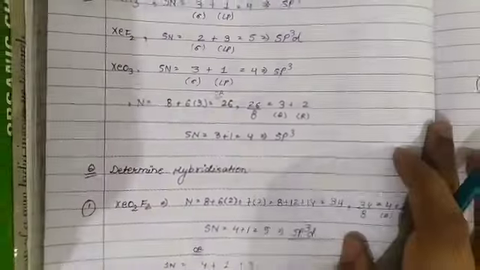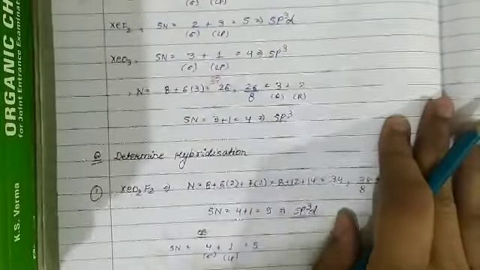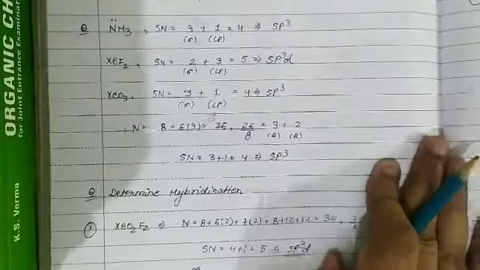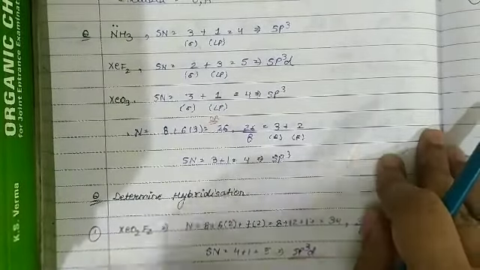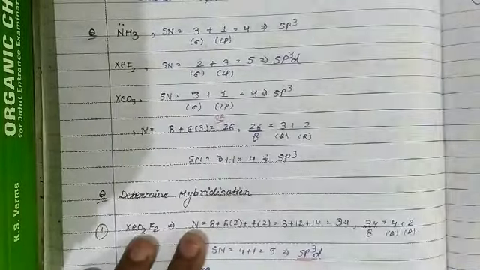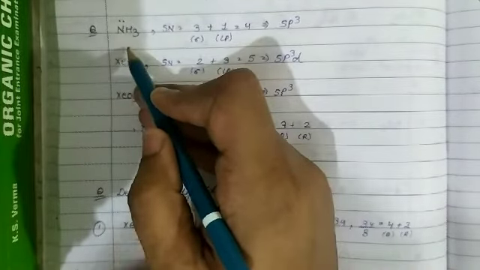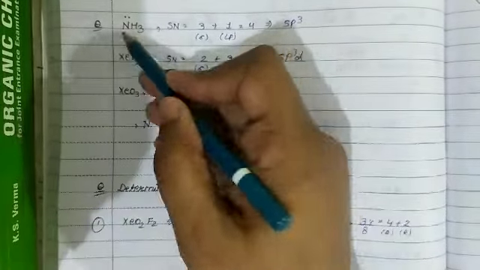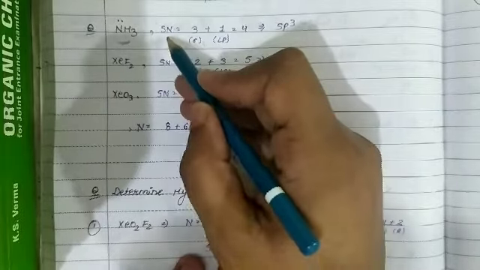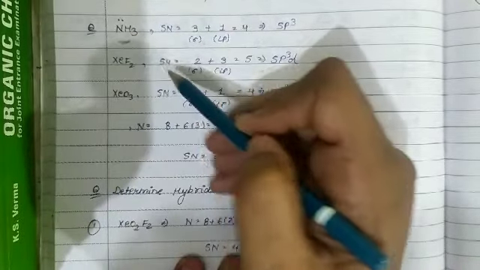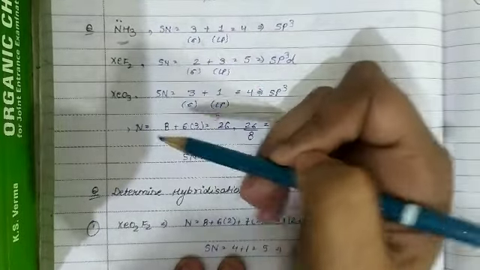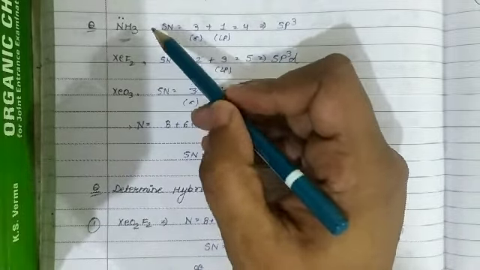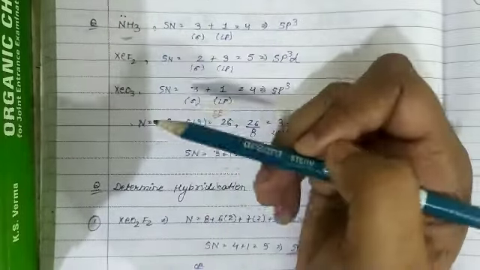Now we will calculate the hybridization of some compounds. Question number 1: hybridization of nitrogen in NH3. As it contains hydrogen, we may directly tell the hybridization by drawing the structure.